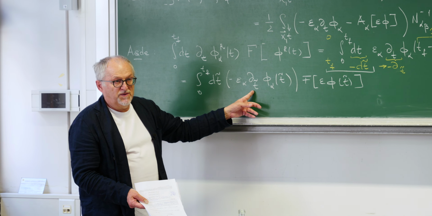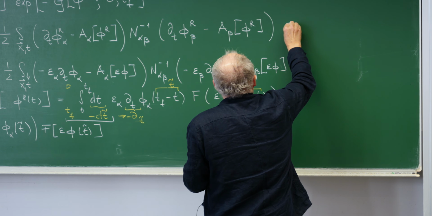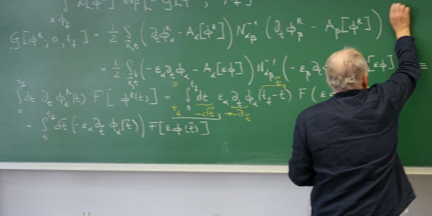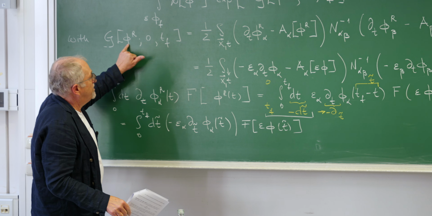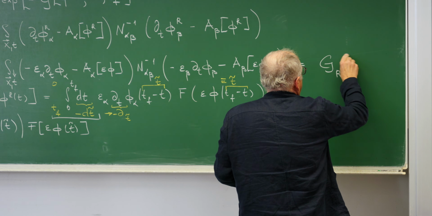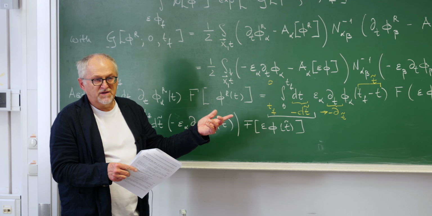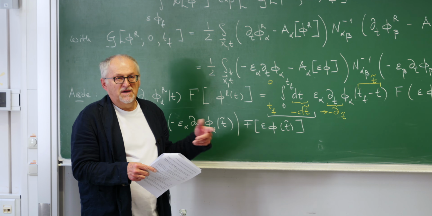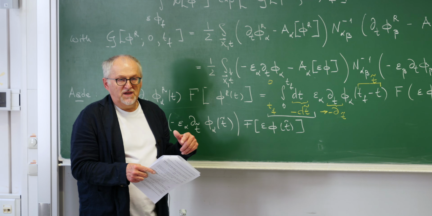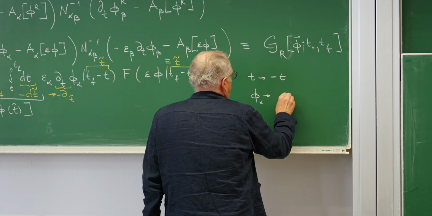Okay, so what we have then in the end of the whole calculation is this expression where I have g of phi r, I'm writing this as gr of phi t naught tf, where you just have to memorize for yourself that the subscript r means I'm replacing in the original Onsager-Machlup functional all the fields by the fields times the parity, and I change t into minus t. So t to minus t and phi alpha to epsilon phi alpha, that's the meaning of r.